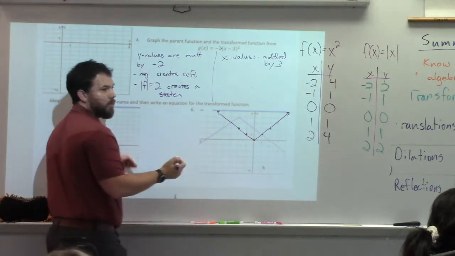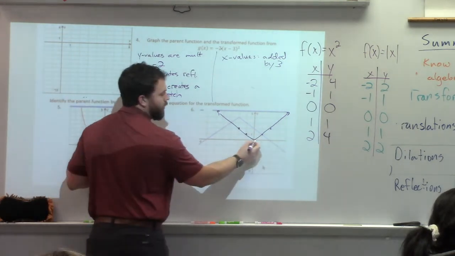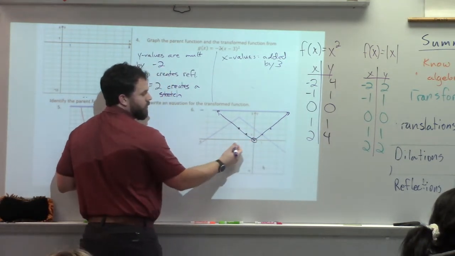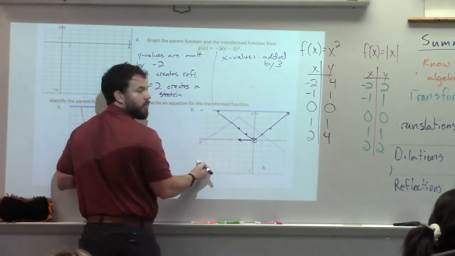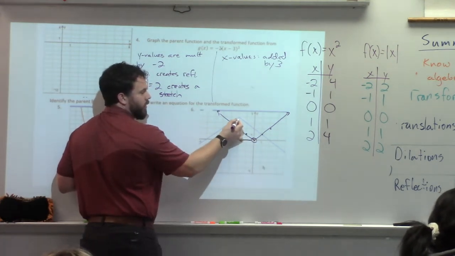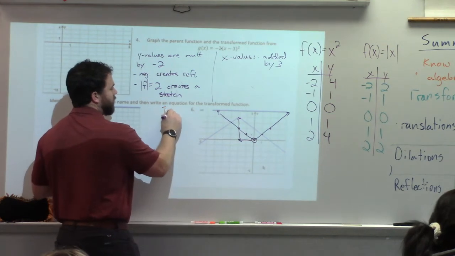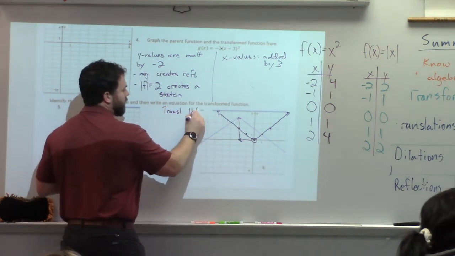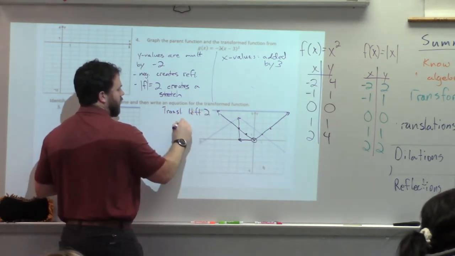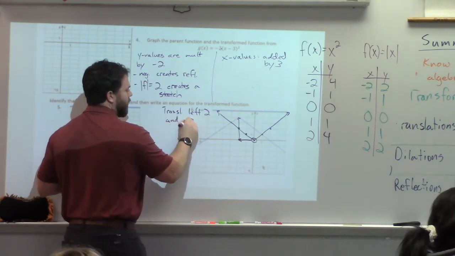You can create the table, and I would highly encourage that, but what do you see happening to this point? Went to the left 2 and up 4. So translation, left 2, and up 4.